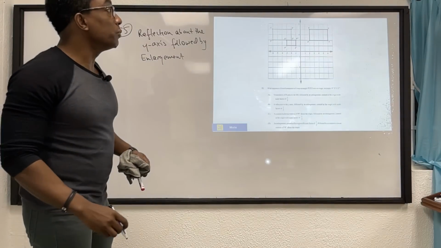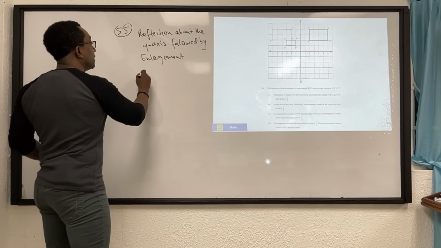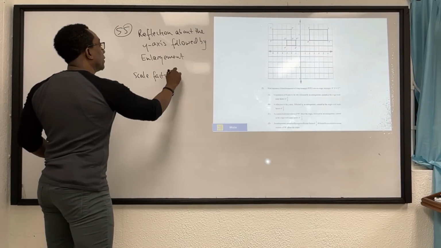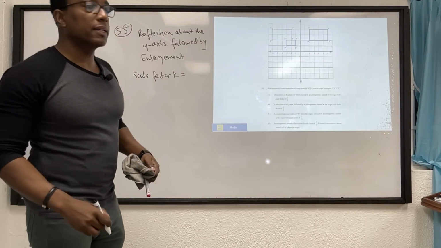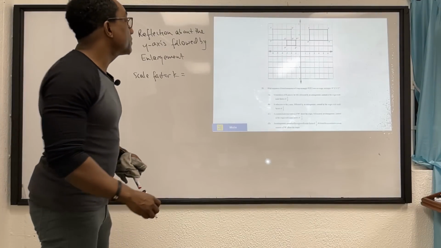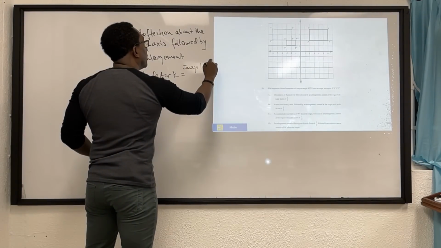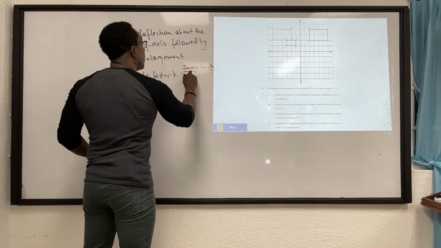I'm going to identify the scale factor as K. We know the scale factor K is the image length over the object length. This is how we find the scale factor.